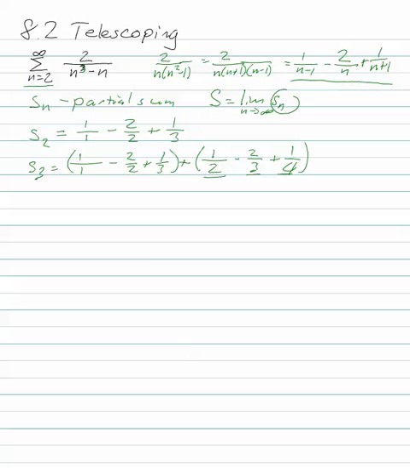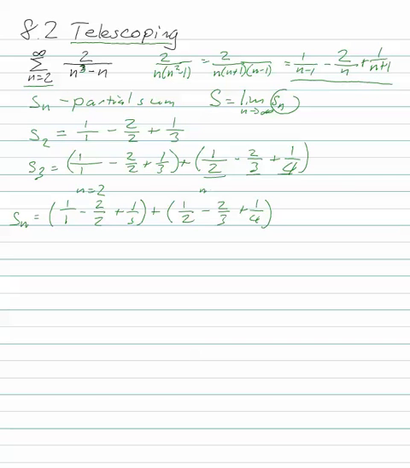But to get Sn, we're just adding up a lot of terms and seeing what canceled. So if you know that it's a telescoping series, I generally just start writing out the terms. So Sn equals the first term, 1 over 1 minus 2 over 2 plus 1 over 3, and that's when n equaled 2 because it was the first one. Plus the next one, 1 over 2 minus 2 over 3 plus 1 over 4.